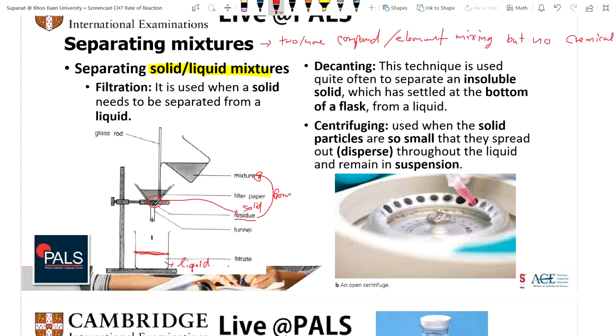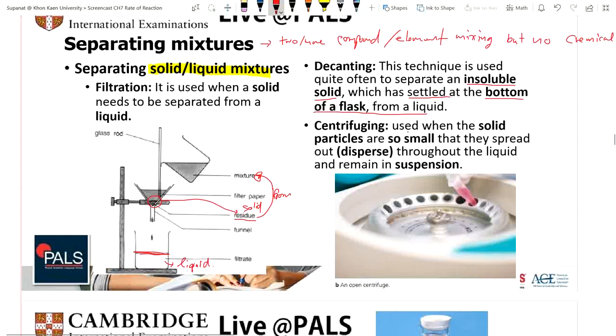Another one is decanting. This technique is used quite often to separate an insoluble solid, which has settled at the bottom of the flask, from a liquid. And another one is centrifuging.